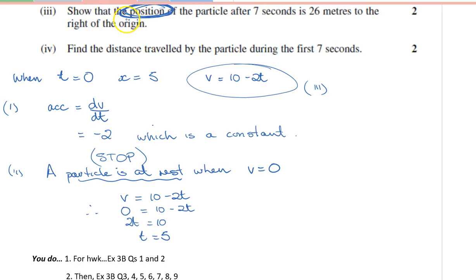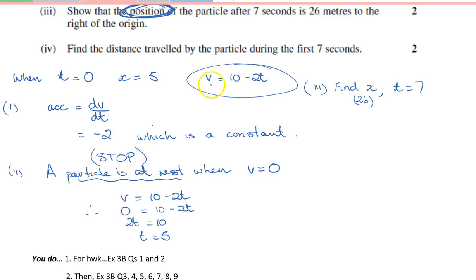So show the position is like finding x, displacement, after 7 seconds, that's time, and we've got to show that x is actually a positive 26 when t is 7.